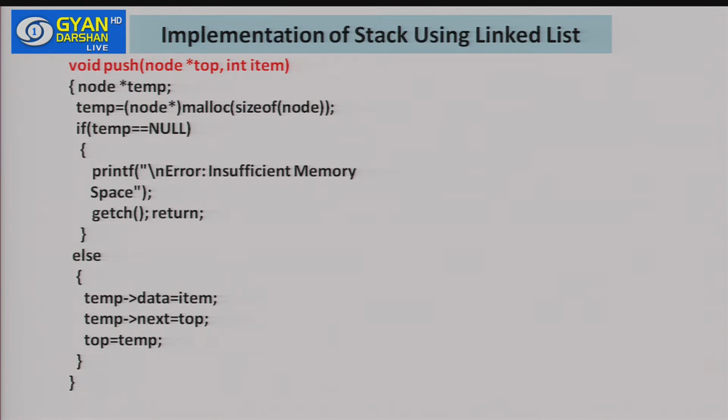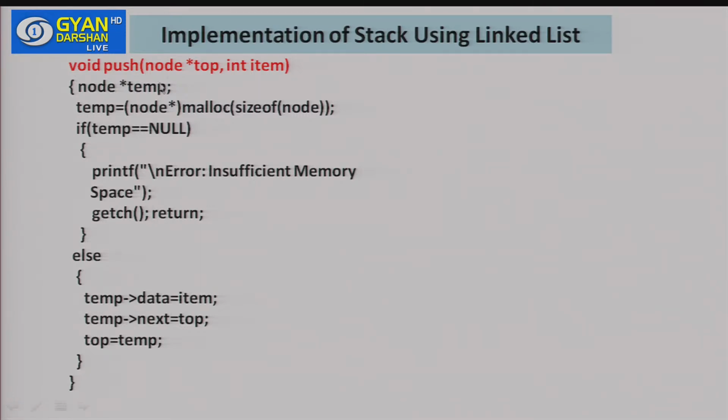One is the integer field, for storing the element, and one is the pointer field which is going to point to the next node, and that is node star top. Another parameter is int item, the item which is going to be pushed into the stack. So we have taken two parameters, one containing the address of the top node of the stack, and another is the item to be inserted.